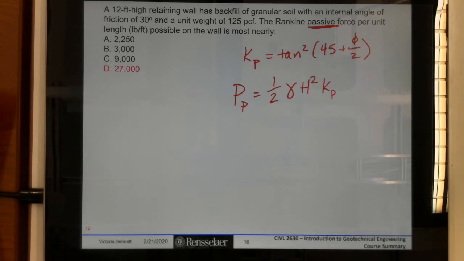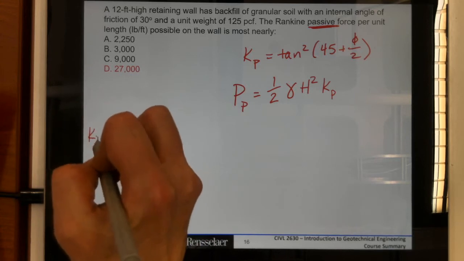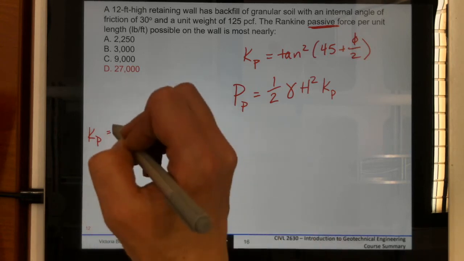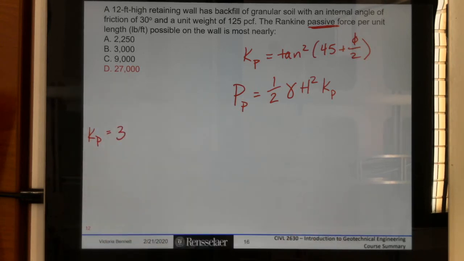So I don't think there's anything tricky there. The KP calculation includes the phi angle. They give you the phi angle in the problem. So KP comes out to be 3. They give you that equation in the reference manual for the passive force.